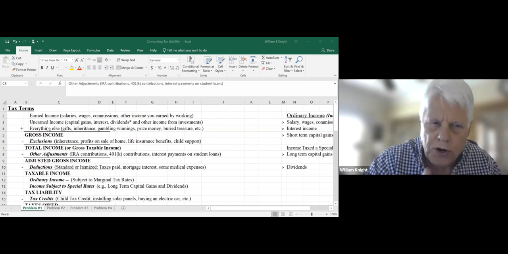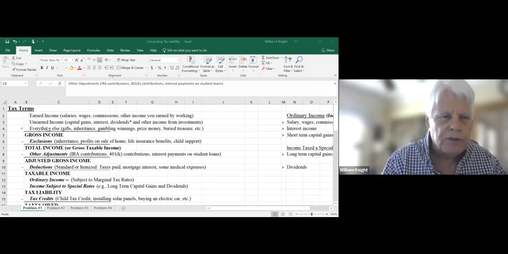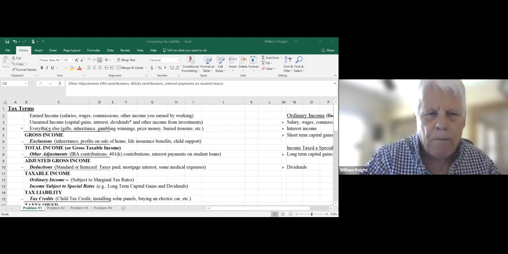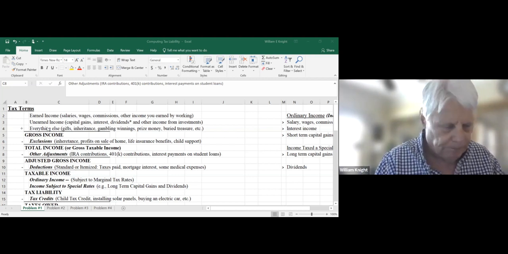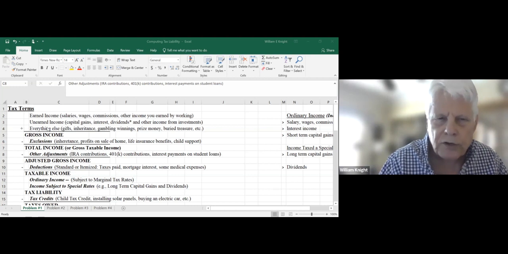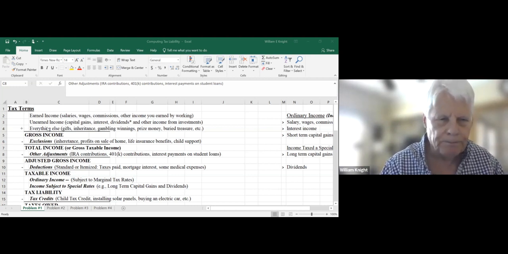This is your earned income. Now, this is the term that the government uses to refer to the income you earned through your labor: salary, wages, commission, other income you earn by working.